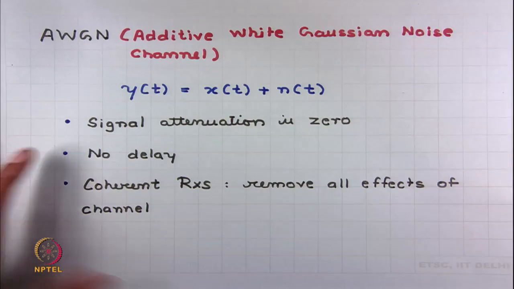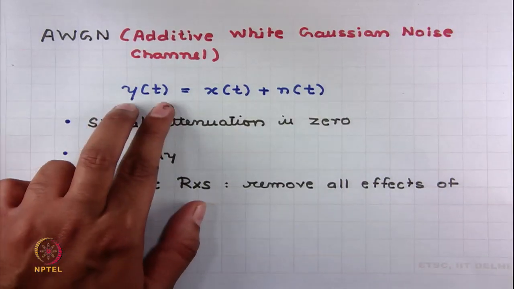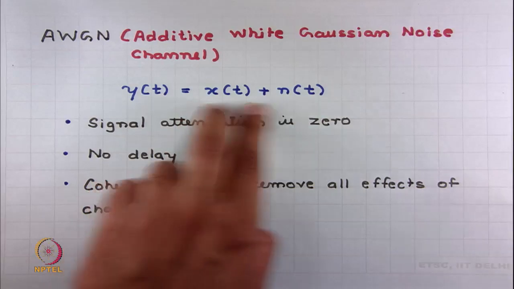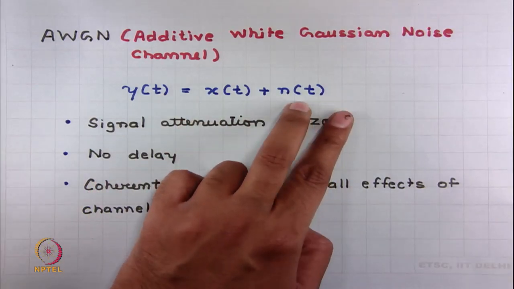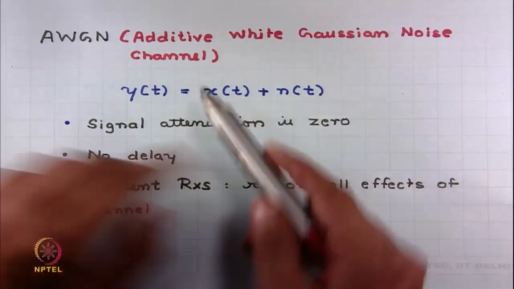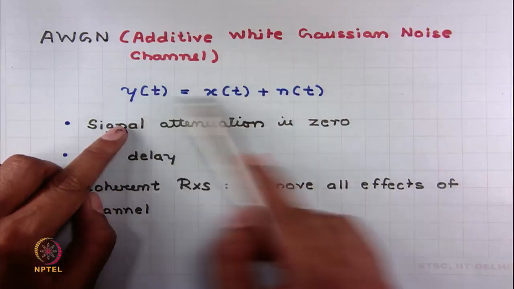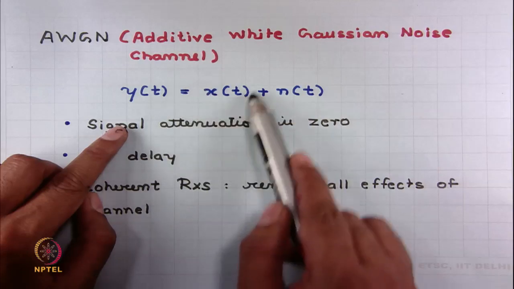Let us look at this additive white Gaussian noise channel again. In the additive white Gaussian noise channel we assume that the output is input plus noise. In practice this input would also be attenuated by the channel, but here we do not assume any attenuation for the input.